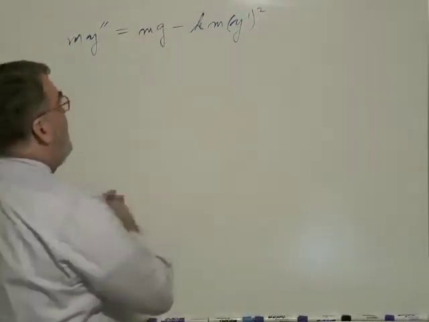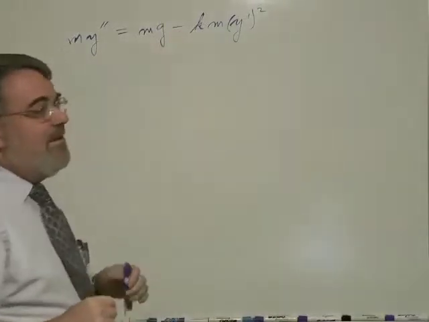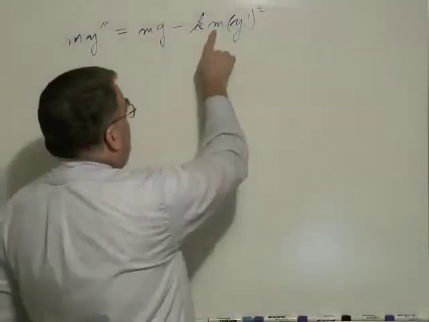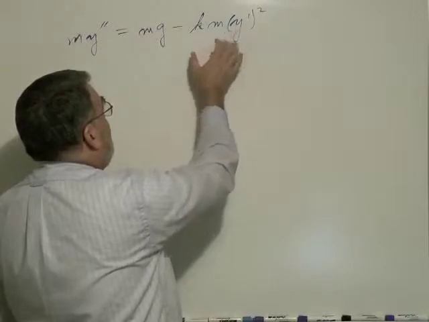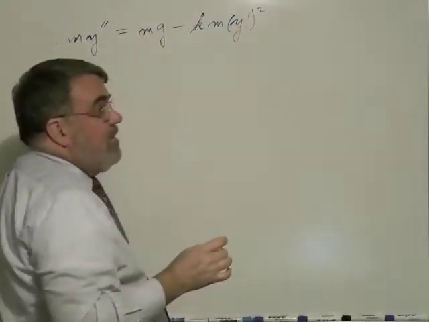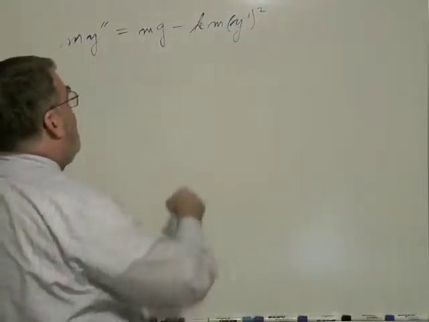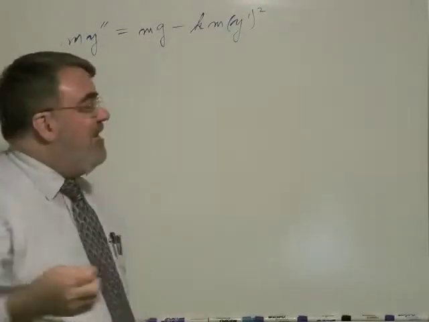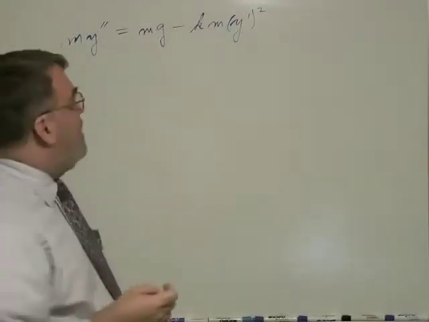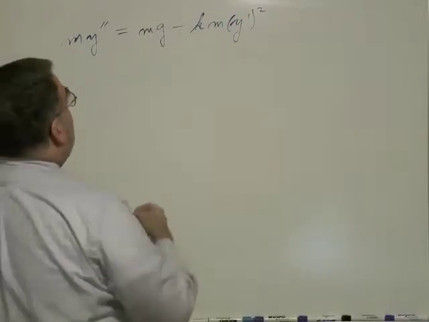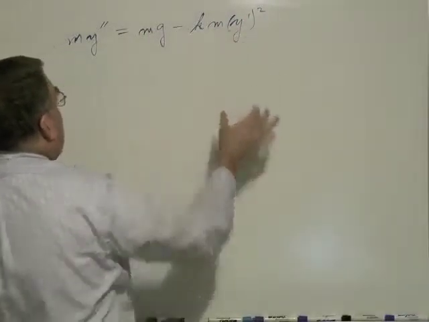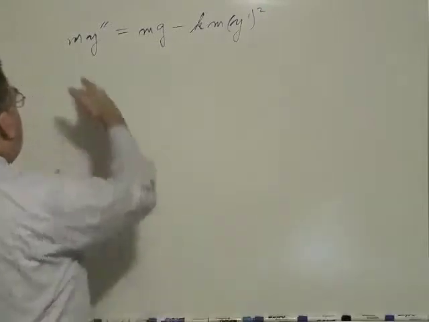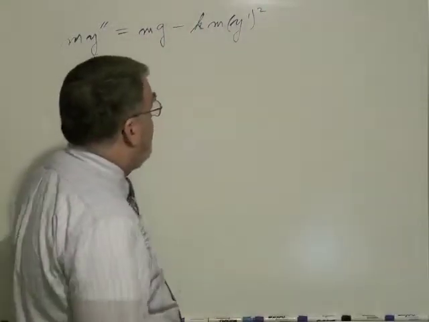And the opposing force in the opposite direction, that's why I've got it subtracted here, is mass times the second power of velocity. And to get the units right, we also need this constant of proportionality k, so that the correct units are built into it. So we have force equals force minus force.